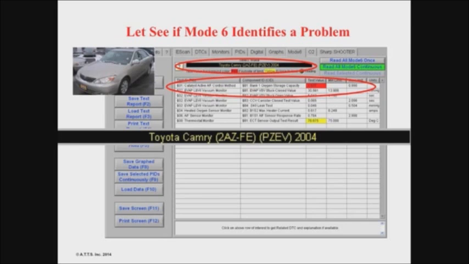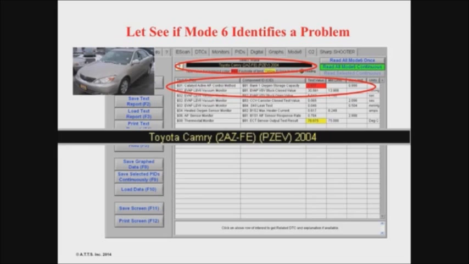Mode 6 being read once means it's a snapshot, like me taking a picture of you right now, and it stays frozen in time. Mode 6 can update itself as you're driving down the road, sometimes in your shop, but most of the time it's driving down the road to meet a certain criteria. This is updated information that would be coming in and being displayed on your scan tool. So I always like to pick that.